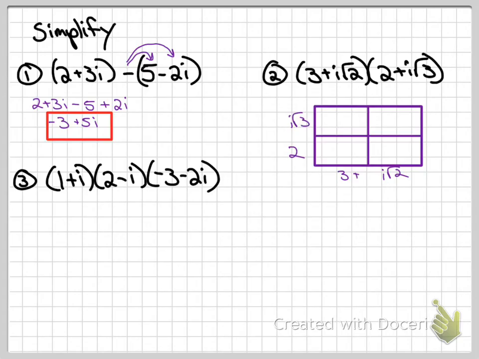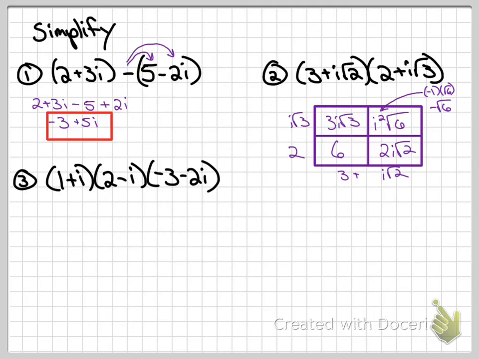Fill in your area diagram. i times i is i squared. Root 3 times root 2 is root 6. But remember, you're not allowed to have exponents on your i's. i squared is really negative 1 times root 6. So this box is negative root 6.